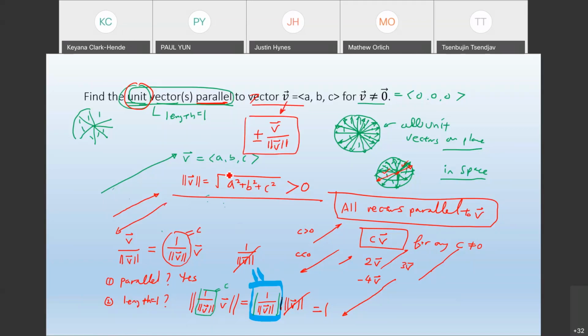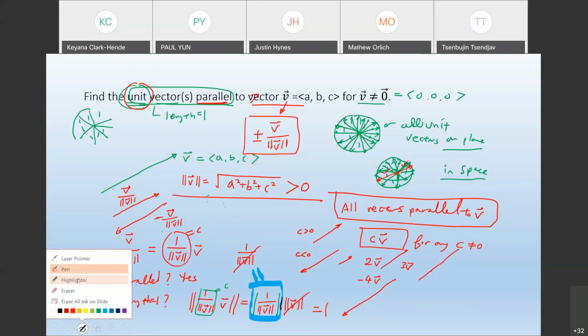If you understand this, type yes, please. This guy is vector V divided by length. How about the negative, vector V divided by length, going opposite? Yes, very important concept. Please remember, digest, understand this concept.